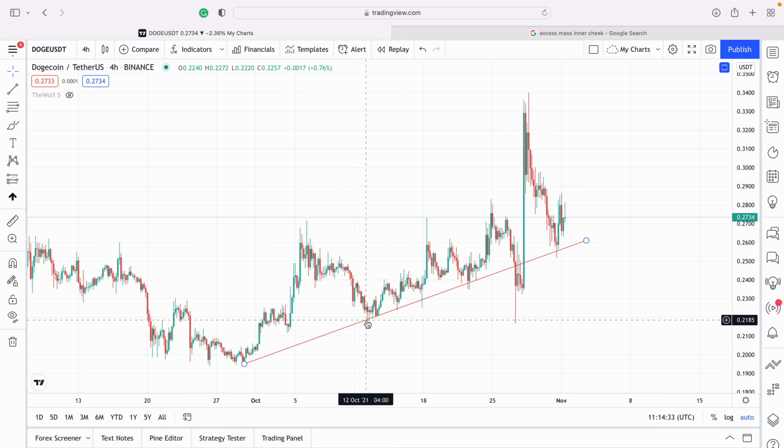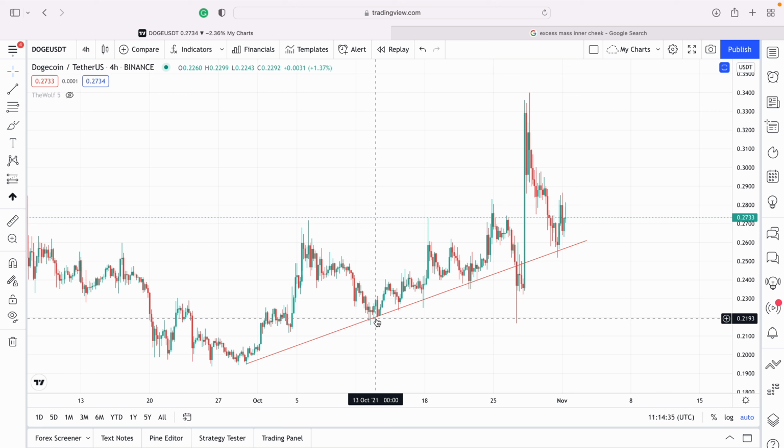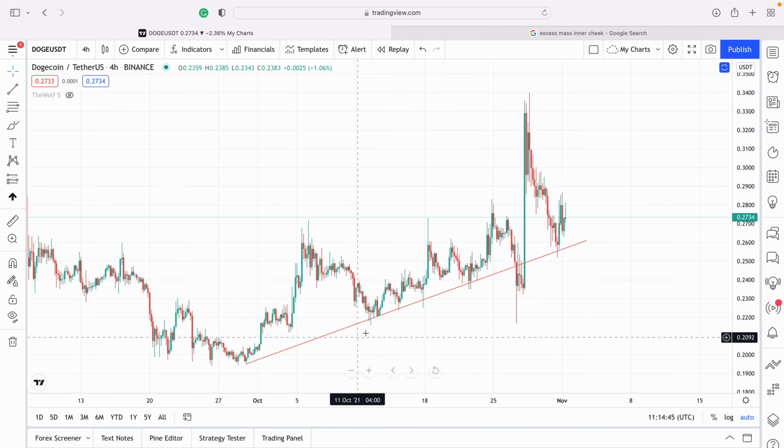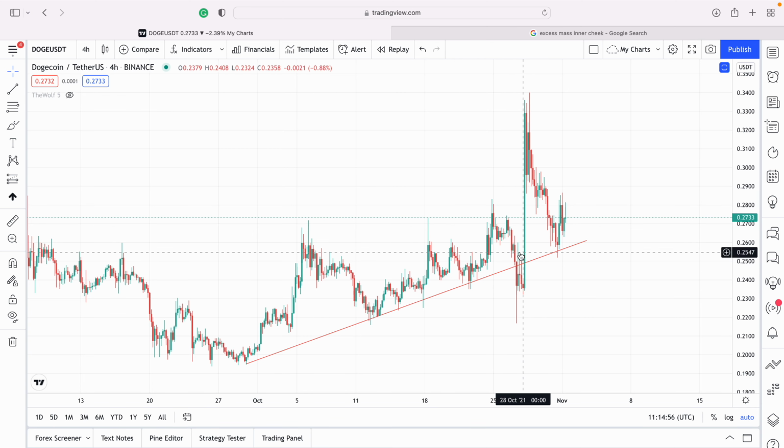The reason I'm asking you to draw in a manner that it touches most of these points, as many touches as you can get, is that this is basically a confirmation that there is some sort of a support zone, because whenever the price fell down and touched this point, it bounced back up. Every single time it did that, except for this one, which is a false breakout.